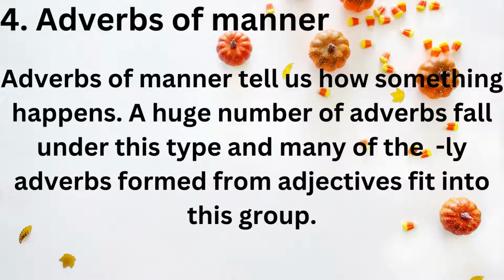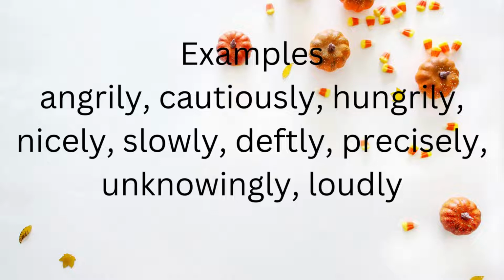A huge number of adverbs fall under this type, and many of the ly adverbs formed from adjectives fit into this group. It means that adverbs of manner usually end with ly. For example, angrily, cautiously, hungrily, nicely, slowly, deftly, precisely, unknowingly, and loudly.